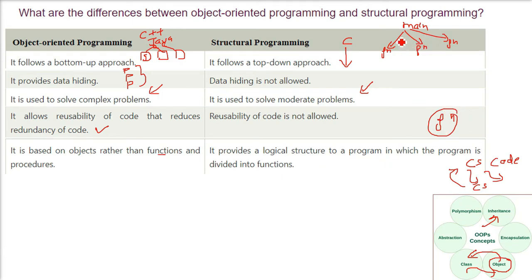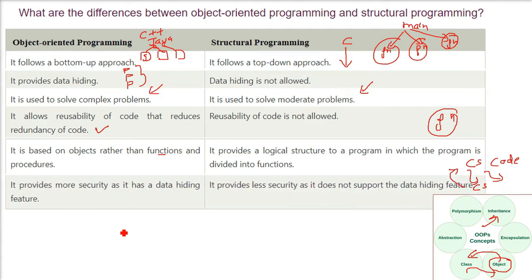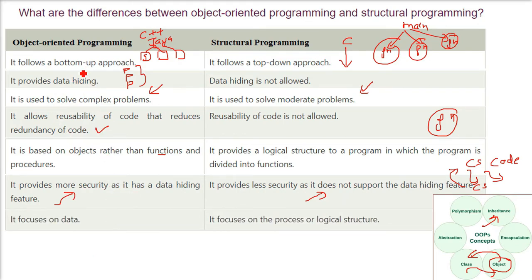It has no concern about object or the data, because there is no concept of object there. In OOPS, it provides more security as it has the data hiding feature, as I just suggested. In structural programming, no data hiding. Everything is exposed. The data is exposed. Anyone can use it. Any class, any different file can use it.